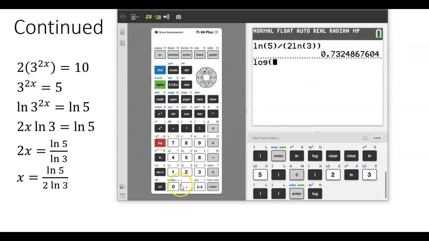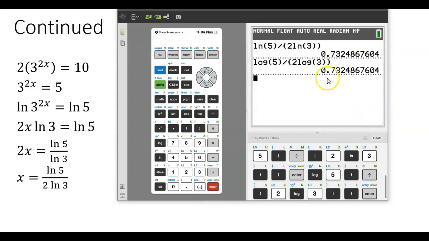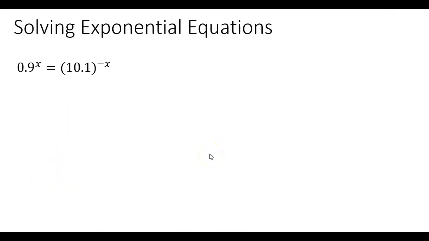Even if we just used a regular log, we should end up getting the same answer here. So divided, remember this is a log base 10, so 2 log of 3, and if I did that right, we'll get the same answer as before. So again, we can take any log of both sides as long as we do the same on both sides.